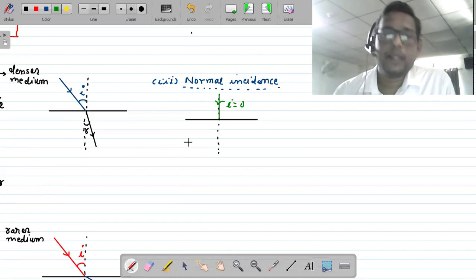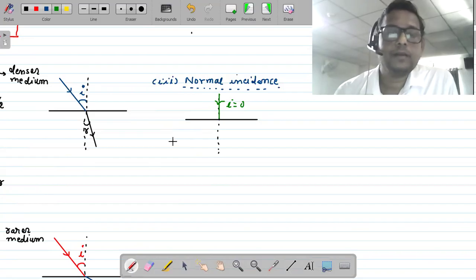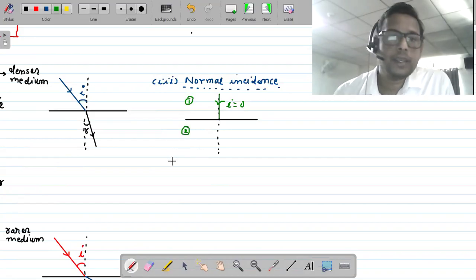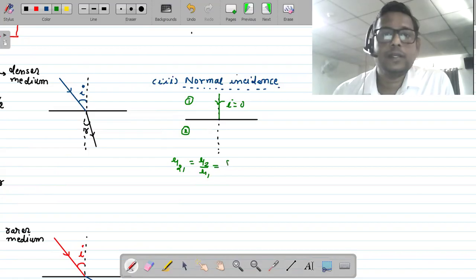And I can write that this is my medium 1, this is my medium 2. So I can write that mu 2 1 is equal to mu 2 divided by mu 1 is equal to sine I divided by sine r.